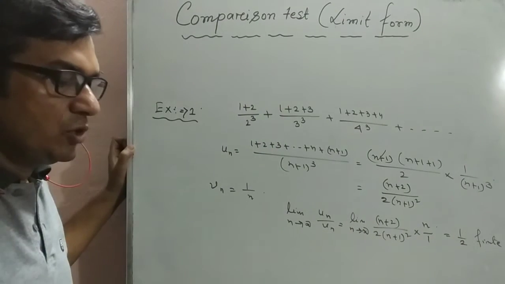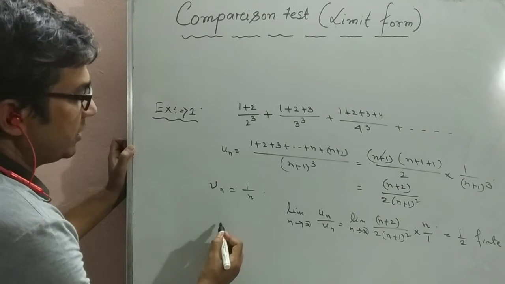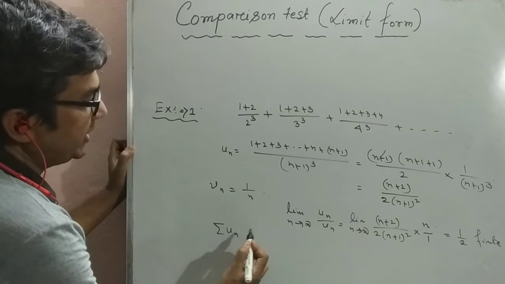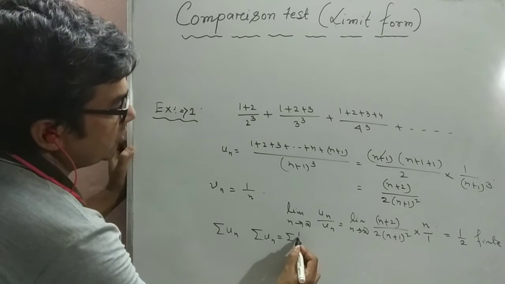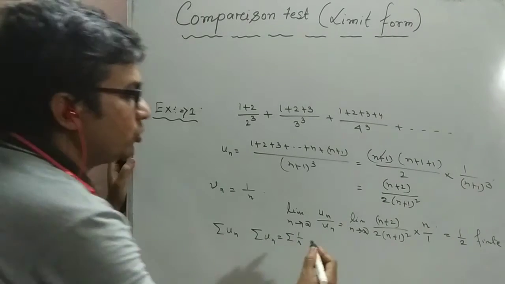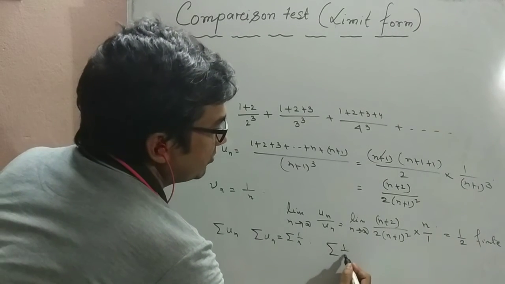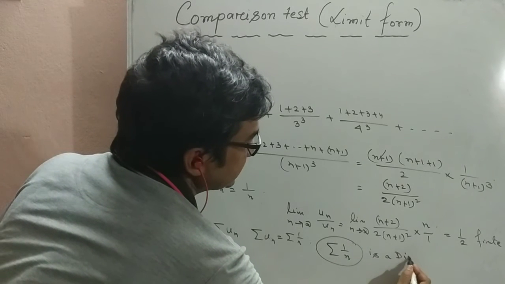Okay, so by comparison test of limit form, we say that summation un, this infinite series, and summation vn, that is summation 1 by n, are both convergent or both divergent, and we know that summation 1 by n is a divergent series.